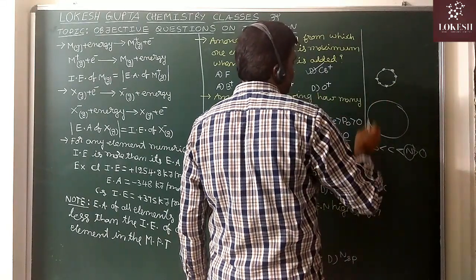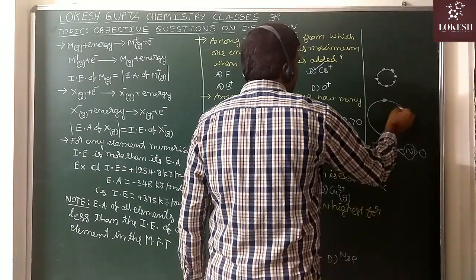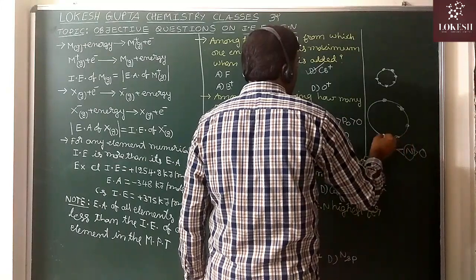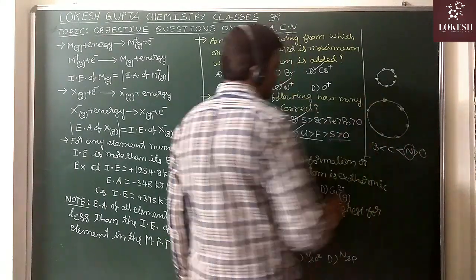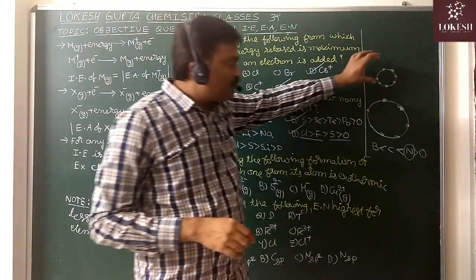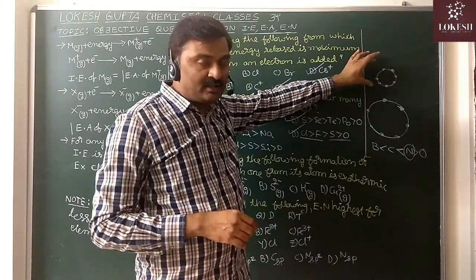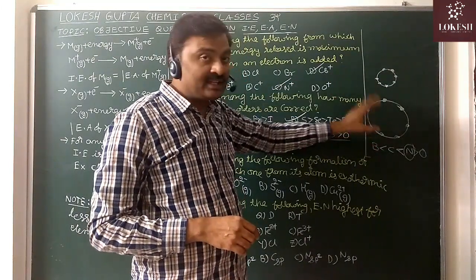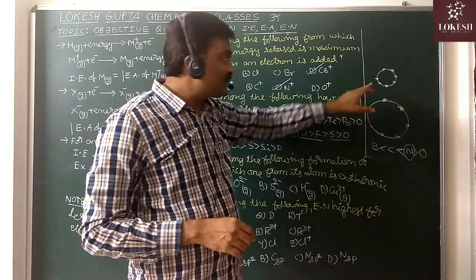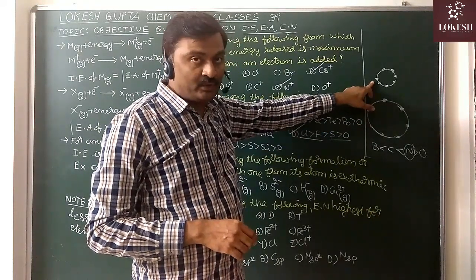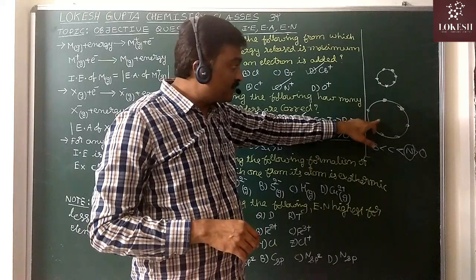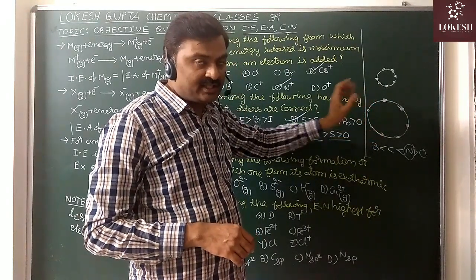In the chlorine valence shell also, 7 electrons are there. But here 7 electrons are in a small volume, and here 7 electrons are in a big volume. So electron density is more in fluorine. In chlorine, electron density is relatively less.